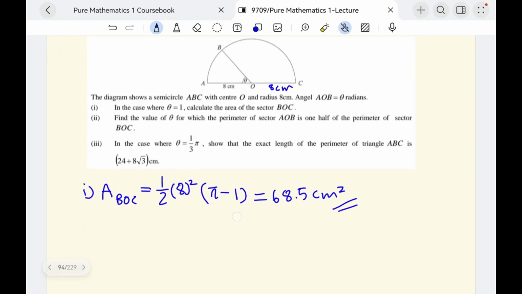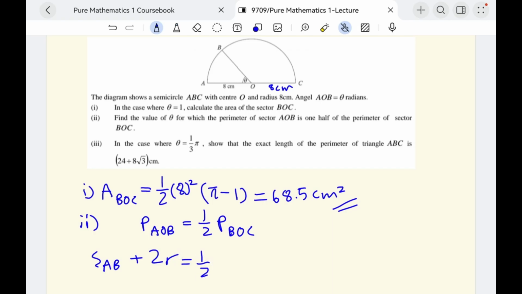You can write it as perimeter of AOB equals 1/2 of the perimeter of BOC. So what is the perimeter of AOB? The arc length of AB and the two radii, right? What is the perimeter of BOC? It has 2R as well, but with a different arc length, which is SBC.